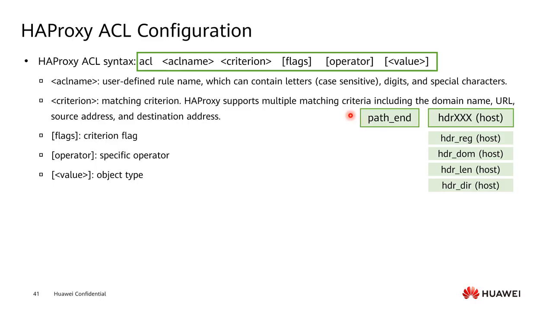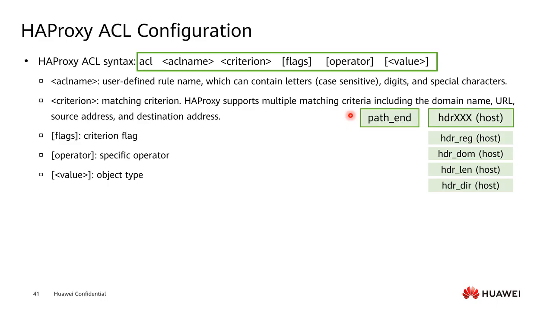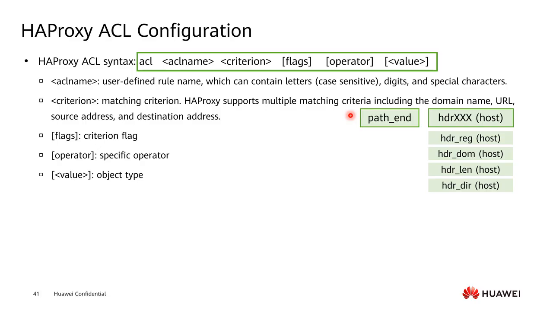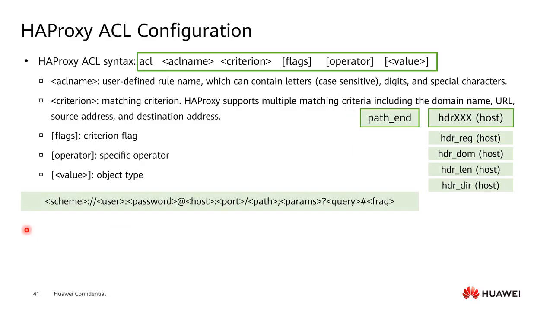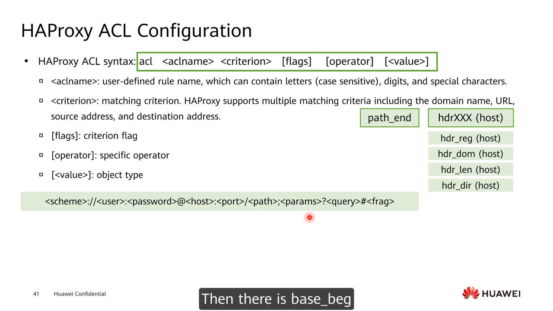In addition, path matching refers to the URL path in the request, which starts from the first slash and ends before the question mark, without the host part. For example, in a complete URL, path refers to the path part.